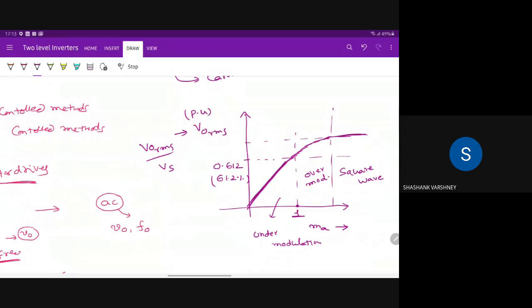We derived it, right? The square wave RMS value is 0.78 times Vs. That is the maximum output voltage anyone can obtain from a three-phase inverter, right? So this is corresponding to the square wave, 0.78, or 78%.